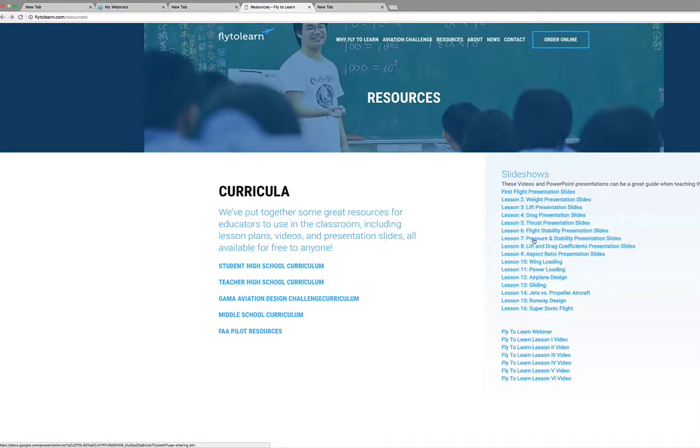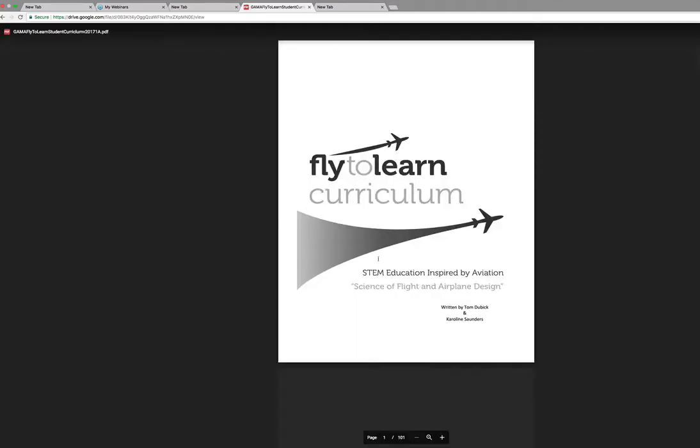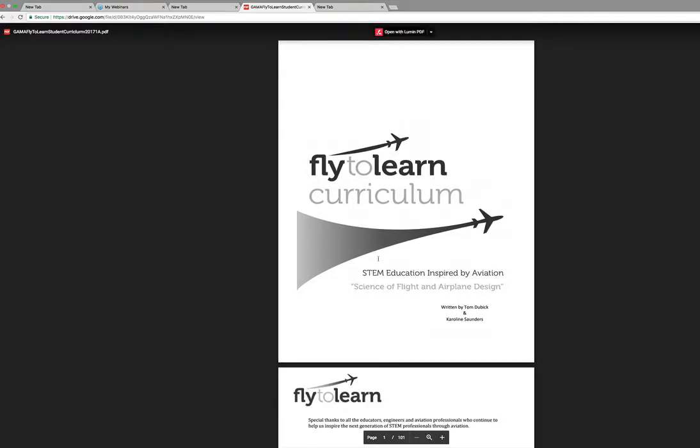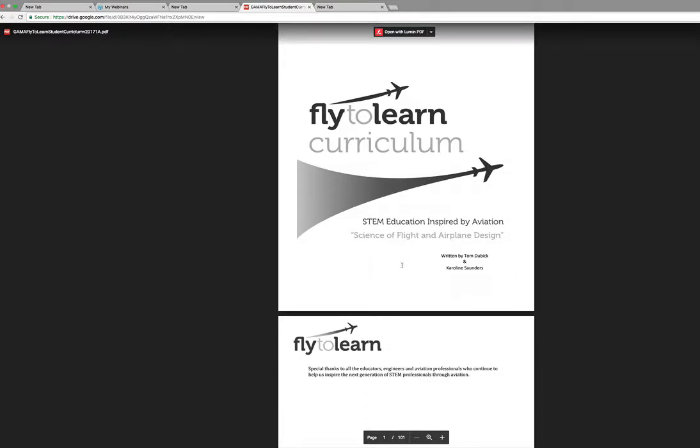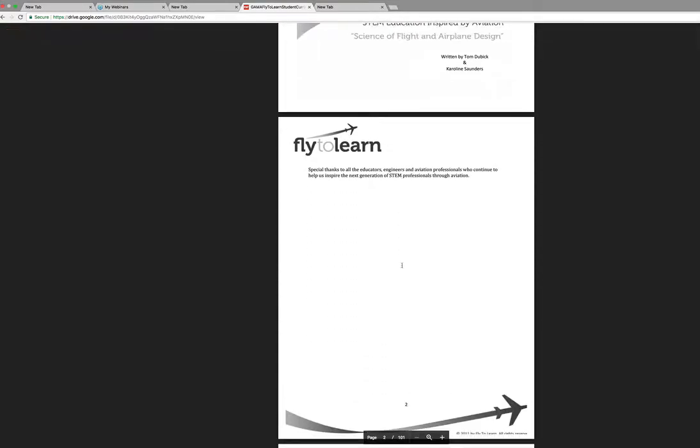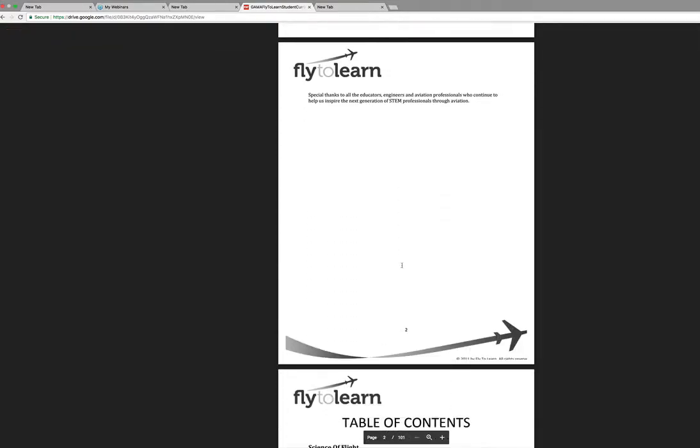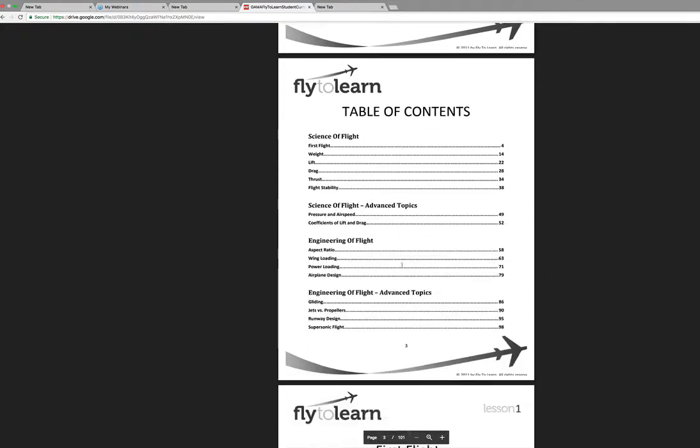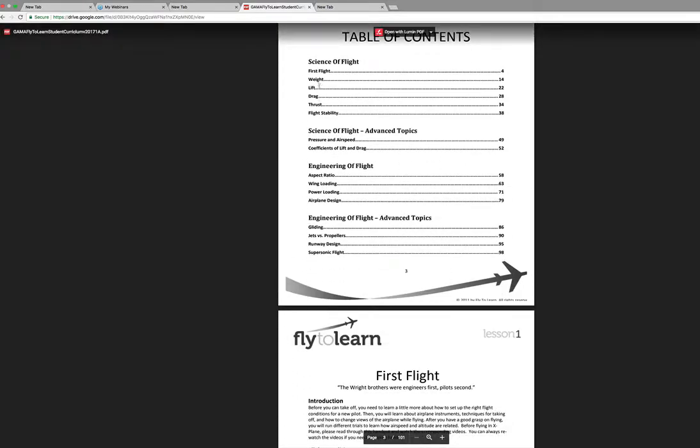Then when we get to lesson 7, now, I will say this. If you look at our curriculum, we just got into flight stability now. 1, 2, 3, 4, 5.